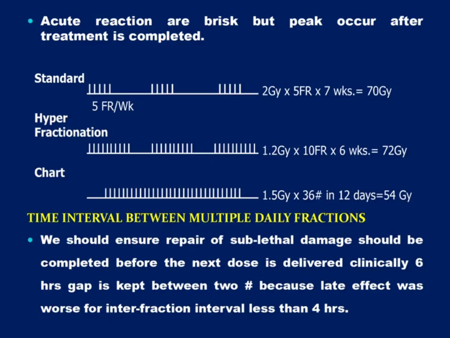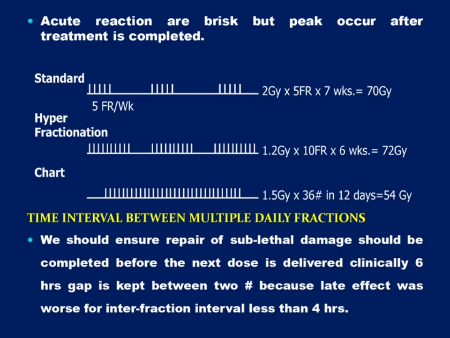So for early responding tissues with an alpha beta ratio of 6 to 12 gray, the flexor dose would be 1/10, meaning 0.6 to 1.2 gray is required. And for late responding tissue with an alpha beta ratio of 1 to 5 gray, the flexor dose is 0.1 to 0.5 gray, like late responding spinal cord, lung, kidney, prostate.